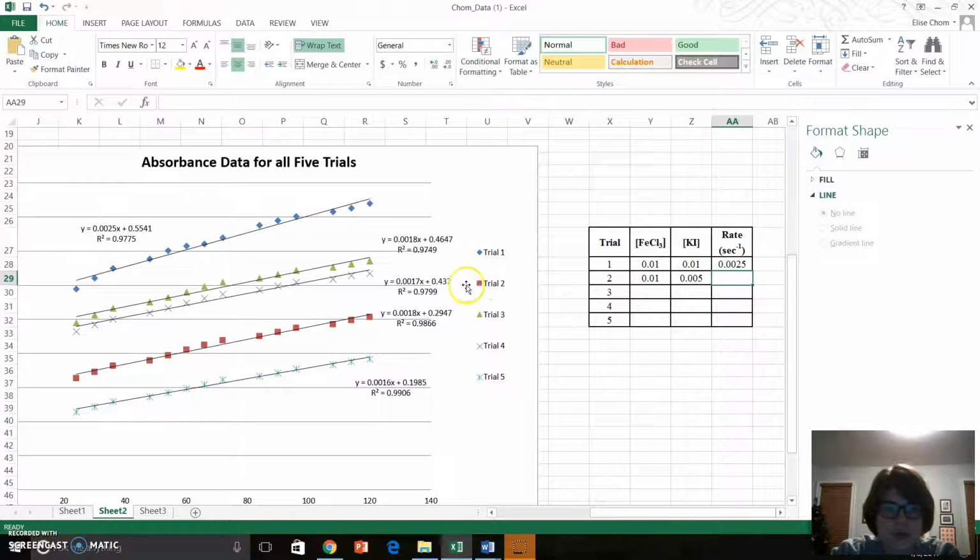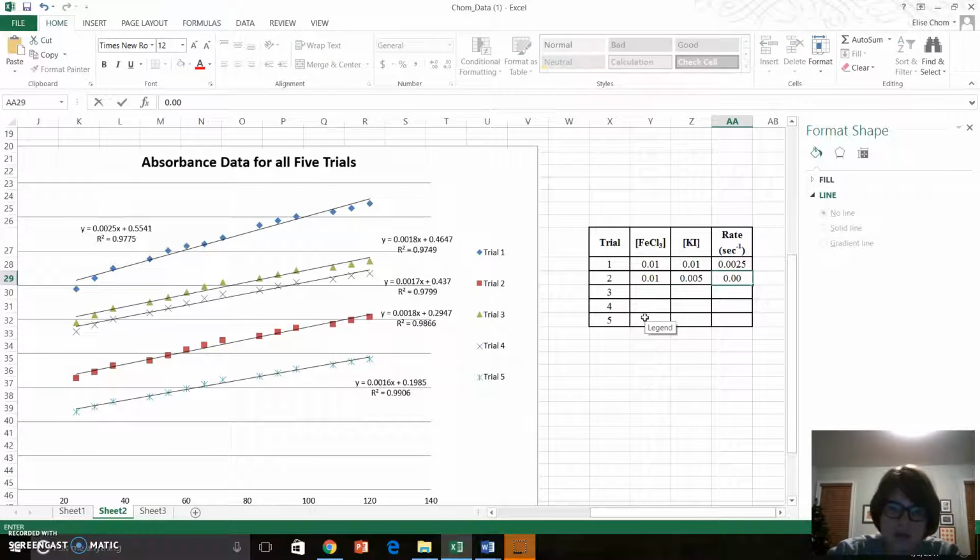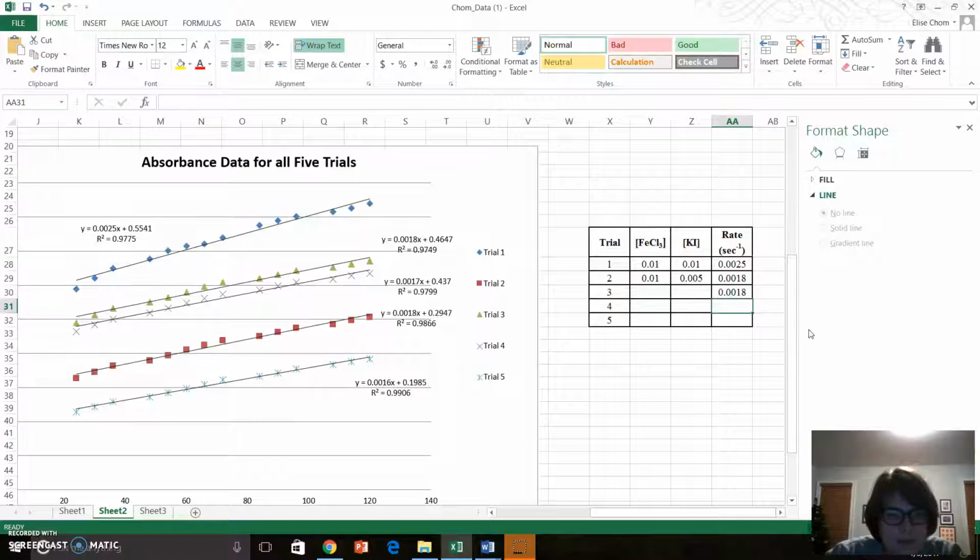Going over to trial 2, which is my red squares, that's why we wanted to keep this part of the key, so we didn't get confused. Trial 3 is my triangles, which is also 0.18. My purple X's, and my blue stars.